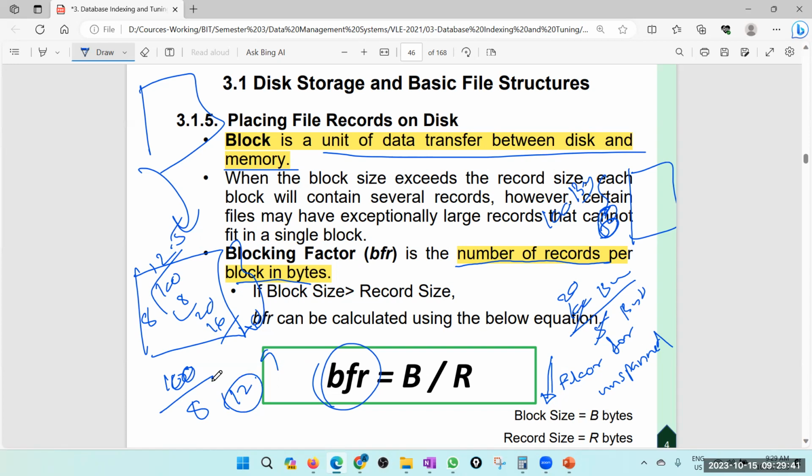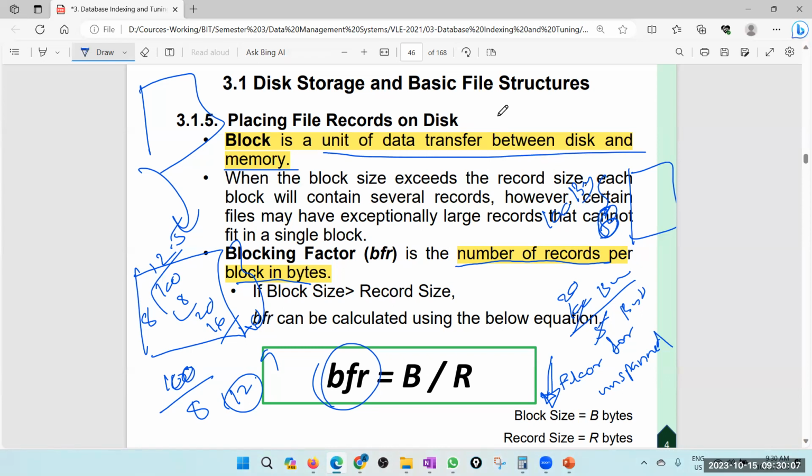So whenever you calculate the block factor, unless they talk about variable length records, and also there's something for spanned and unspanned, which we look at in the next slide, you can always floor it. You can always floor it, because usually we don't keep part of the record in this block and the other part in the other block.